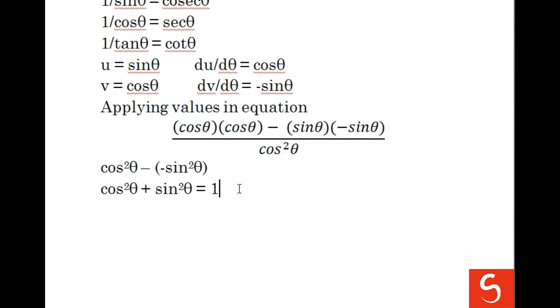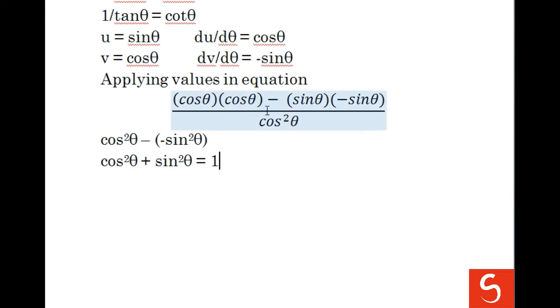This is a noteworthy trig identity, so we should know it. So the numerator is 1, and we are left with 1 over cos squared theta.